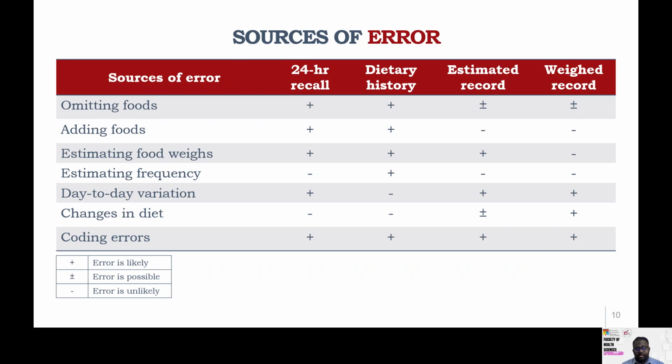The sources of error with the plus sign are omitting foods, adding foods, estimating food weights, estimating frequency, and also coding error. Whereas day-to-day variation and changes in diet are unlikely to happen in dietary history. So this table is actually very useful in determining which type of dietary assessment method is suited for your condition of the interviewer and also the respondents.